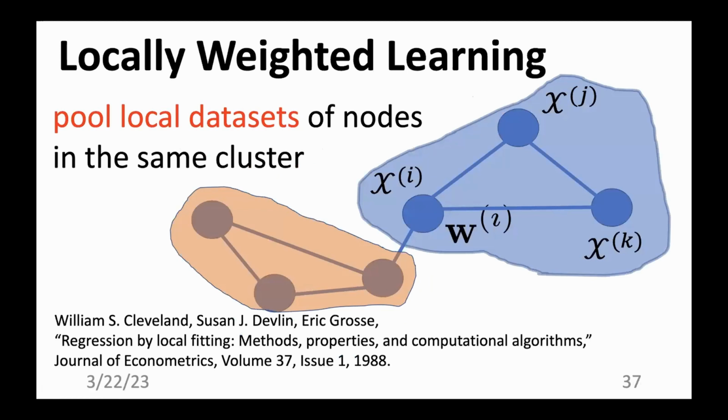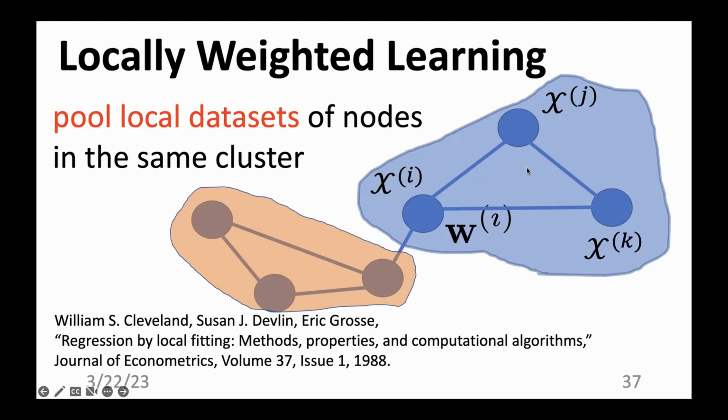Another interpretation comes from the fact that the solutions to this learning problem are constant over clusters. Being constant over clusters is equivalent to pooling the local data sets in the same cluster, and this is what locally weighted learning does. In locally weighted learning, we weight the data sets at neighboring nodes either 1 or 0, so some are completely used or not used at all.